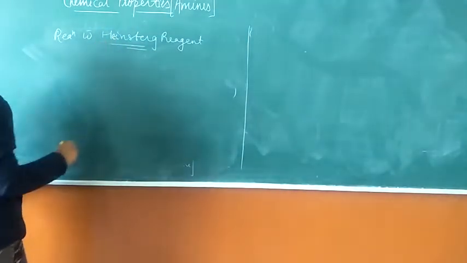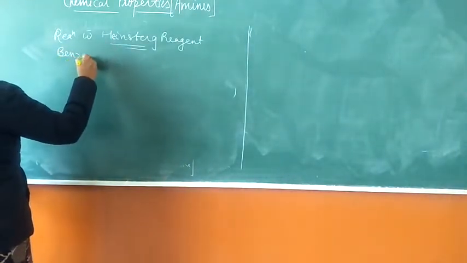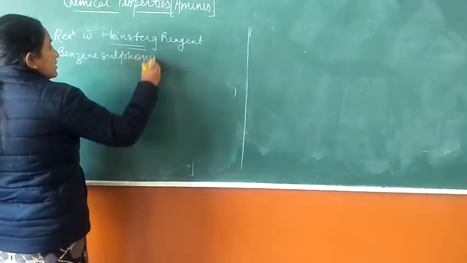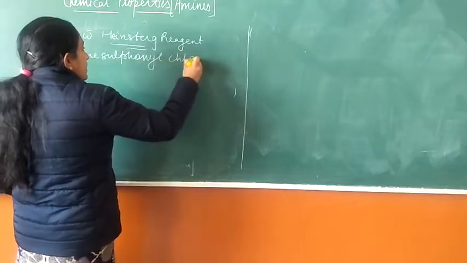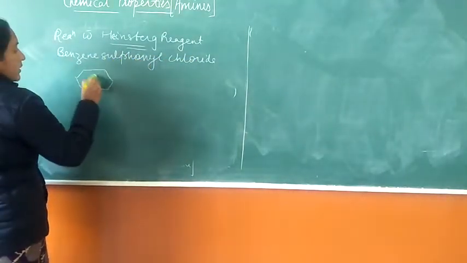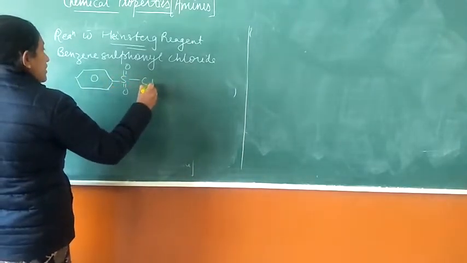It is also used to distinguish between primary, secondary, and tertiary amines, and it is chemically known as benzene sulfonyl chloride. You will write the formula this way: benzene sulfonyl chloride.